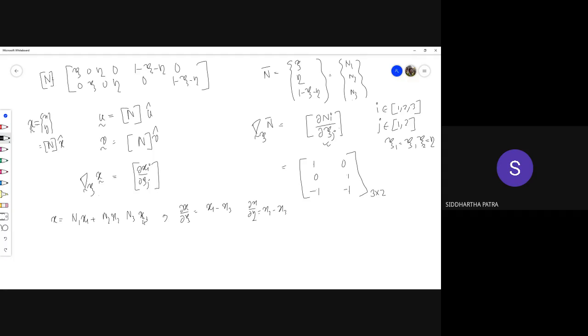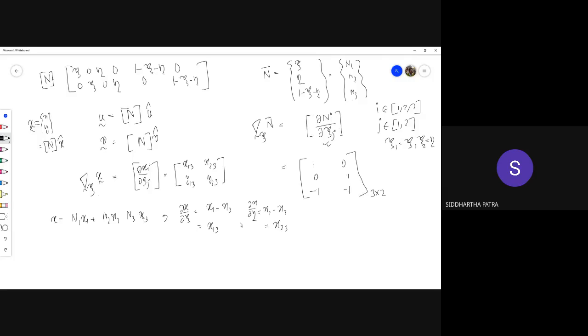Then you can call this one x13, you can call this one x23, and so on, and eventually it is going to look like this: x13, x23, y13, y23.